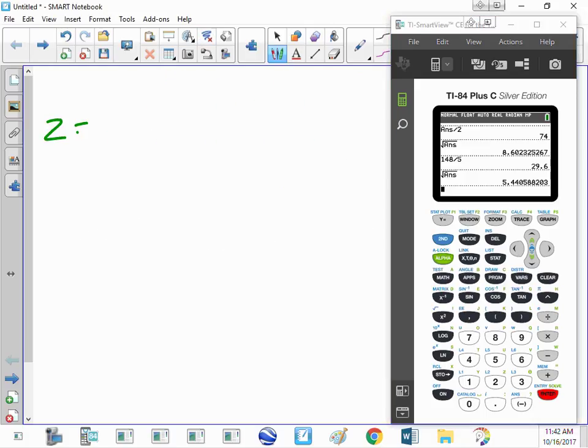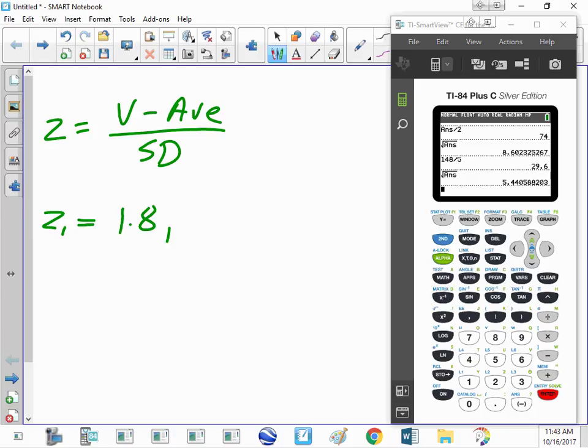What is the z-score formula? Value minus average divided by SD equals the z-score. So I have Z1 equals 1.8 when V equals 79 and Z2 equals 0.8 when V2 is 64.